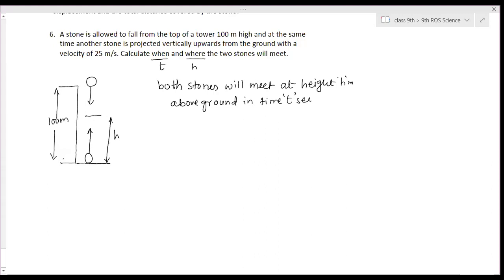Now one is moving upward; its initial velocity is 25 meters per second. The one falling downwards has initial velocity u equal to 0.